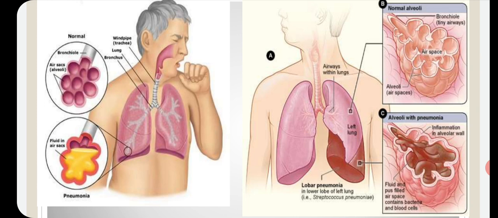And the fluid in the air sacs will reduce the amount of oxygen inside the alveoli, so it will increase the carbon dioxide concentration inside the alveoli. This condition is known as hypoxia or hypercapnia. This leads to organ failure and death. These patients also have respiratory distress and breathlessness, and the alveolar tissue fails to perform its normal function, that is, the exchange of gases.